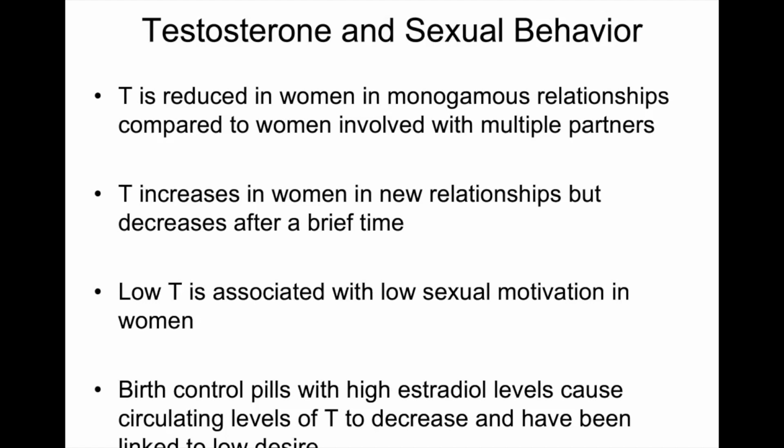And in general, low testosterone is associated with low sexual motivation, which is especially important within the context of the pill. Certain types of birth control, like the pill, are known to reduce testosterone levels, which can also reduce sexual behavior.